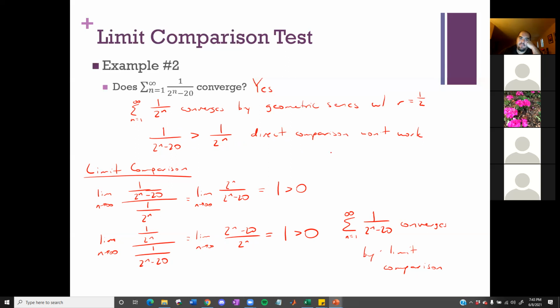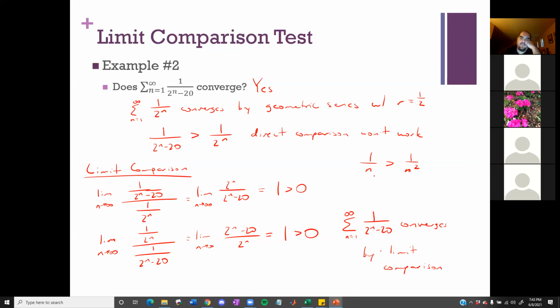As the same kind of example, if I have 1 over n, 1 over n is going to be greater than 1 over n squared. The one on the right converges, the one on the left diverges.